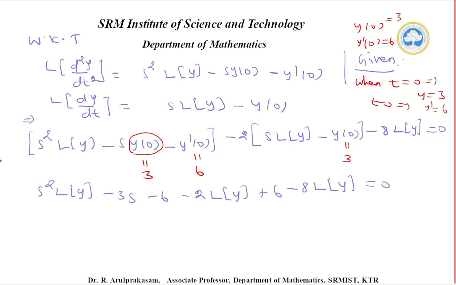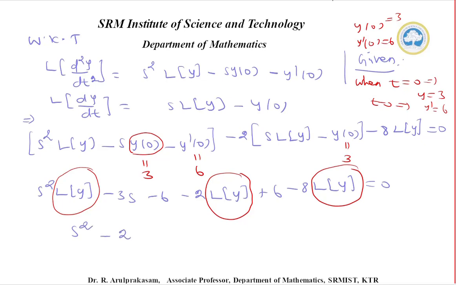Then what should I do? Look at this equation. Here I have L of y common. I am taking L of y common outside. So what is the coefficient? s square minus 2 times, and here minus 8.